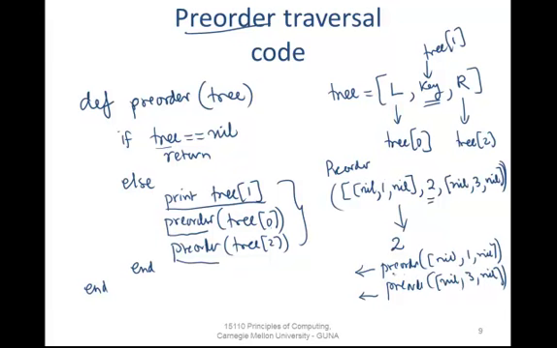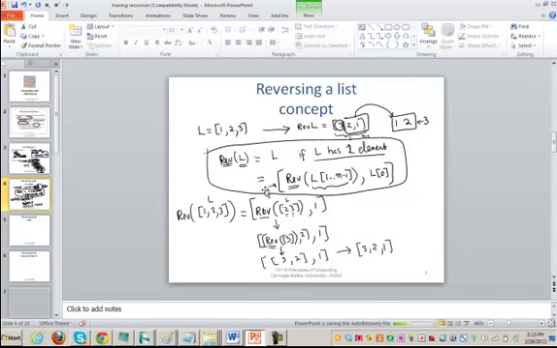Notice that this function will be called first. So it calls the function first and it says, okay, preorder nil 1 nil means print the tree 1. So print 1 and then call the preorder of the left subtree, which is nil, and then call the preorder right subtree, which is also nil. Okay, let's go back here.